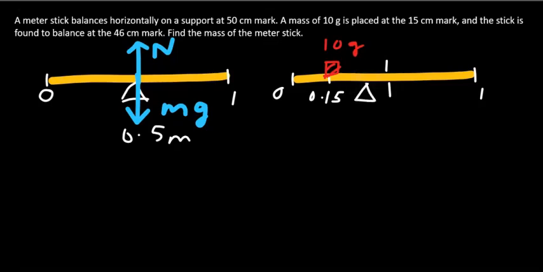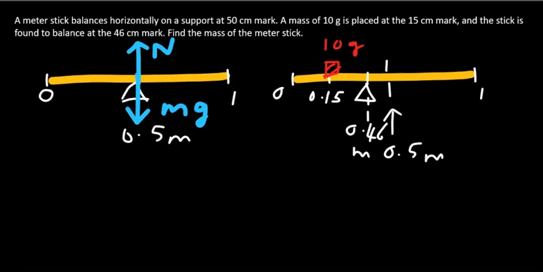So this is the 0.5 meter mark, and this point here denotes the 0.46 meter mark, where the new balance point is. Based on this information, you are to find the mass of that meter stick.